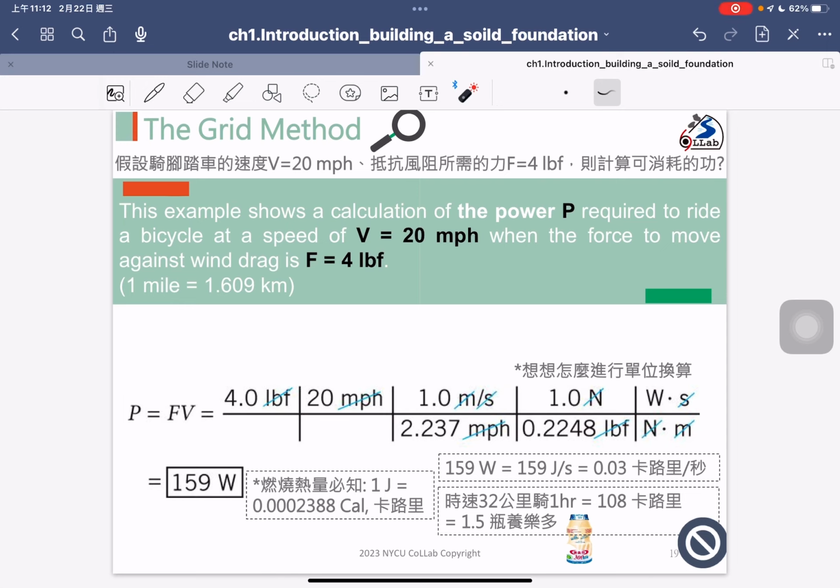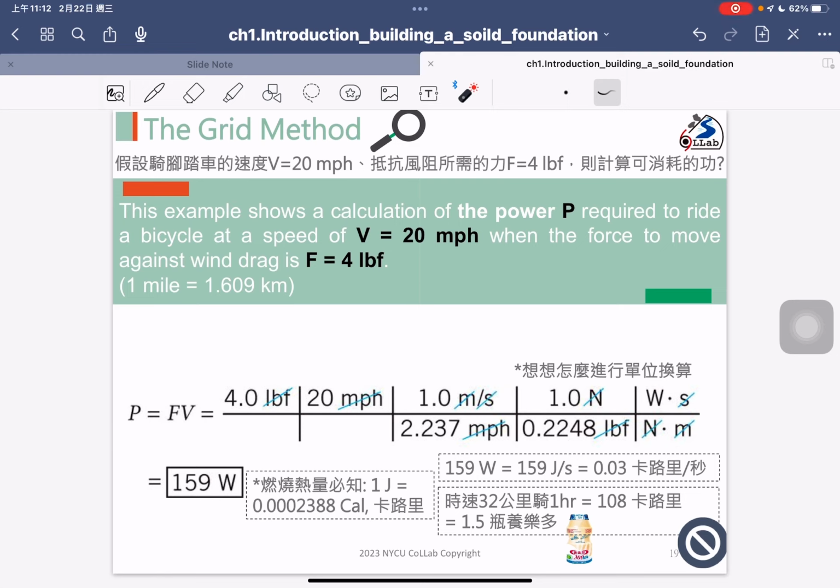Even though we know that the physical property is velocity, the sentence uses mph, so we need to know the unit for mph first. And the force to move against the wind drag, F, is equal to 4 pound force. And the question we need to answer is the power.